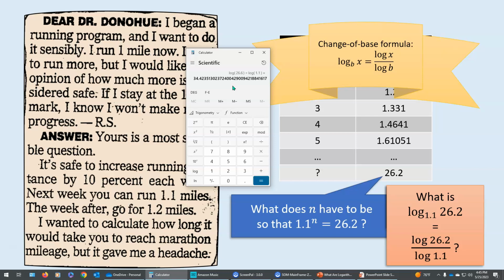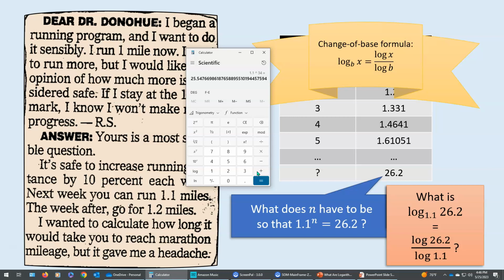So after 34 weeks, we haven't quite reached 26.2 miles, but the week after that, the 35th week, we would be. So 1.1 to the 34th power is 25.5 something. So if we continue in this pattern, by the 34th week, we'd be running 25.5 some miles.